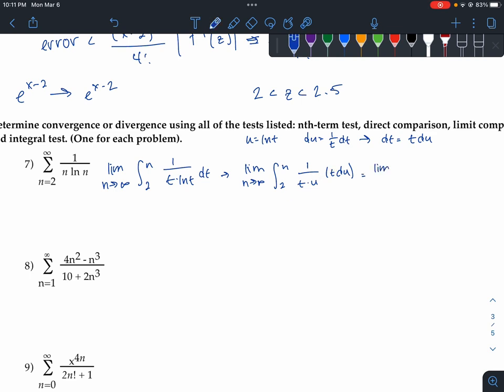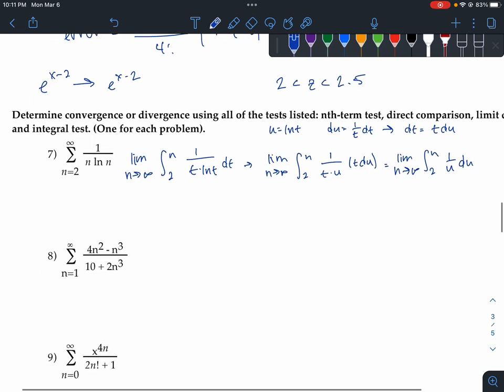So I have the limit as n approaches infinity of the integral from 2 to n of 1 over u du. Now let's integrate with respect to u. The antiderivative of 1 over u is going to be the natural log of u.